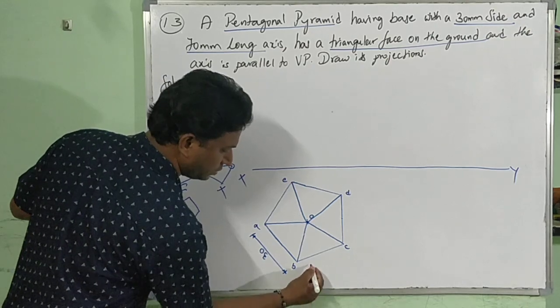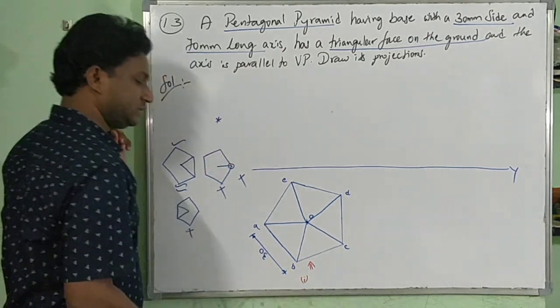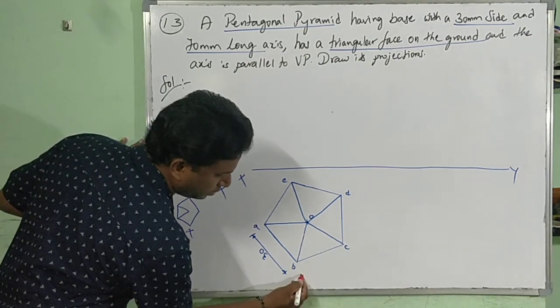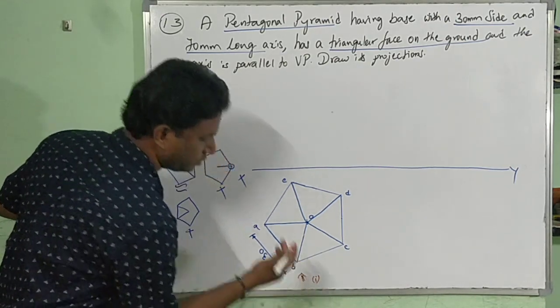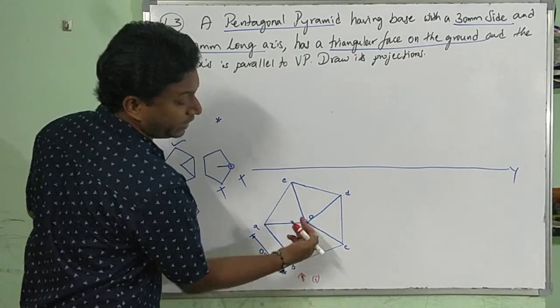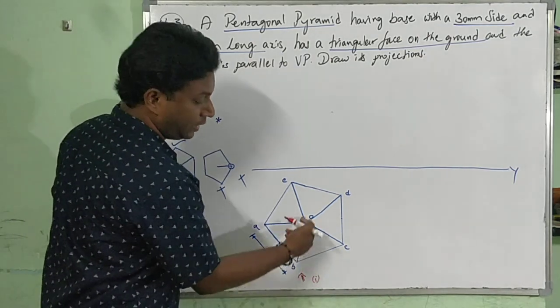This is stage 1. Front view like this. When I am looking at the front view, as I observe from here at the bottom, O is clearly visible. It's not being dominated by any slant edge.